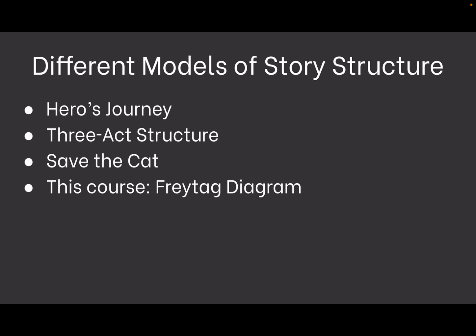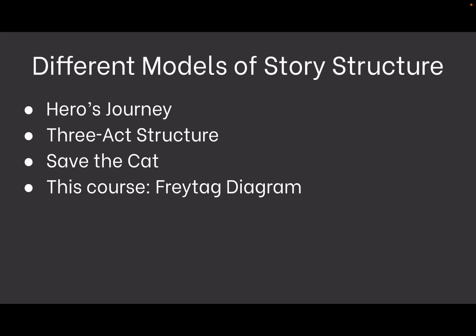There are a lot of different models and diagrams that help us think about story structure. For example, you might have heard about the hero's journey, the three-act structure, or Save the Cat. Each model offers its own perspective on how stories work best. But for this course, we'll be focusing on the Freytag diagram.